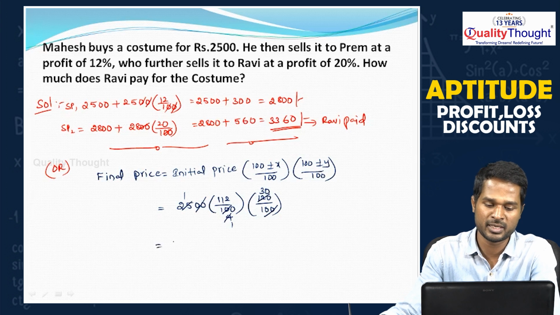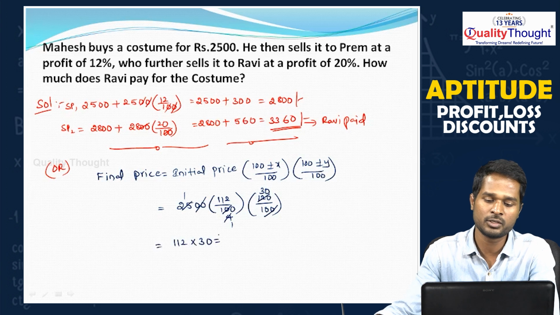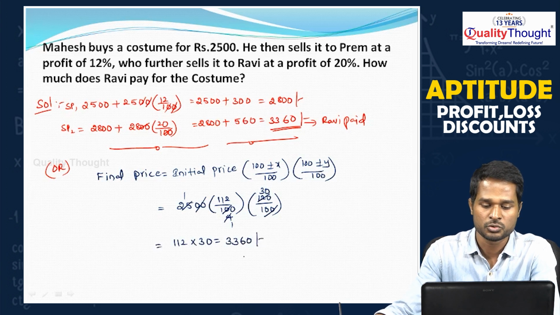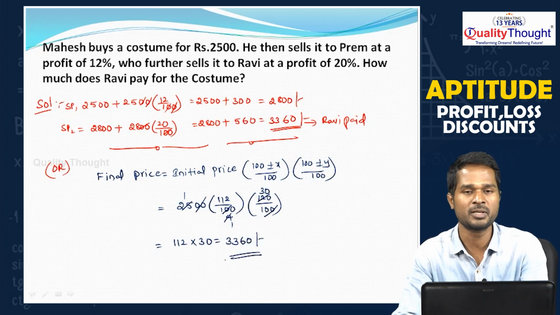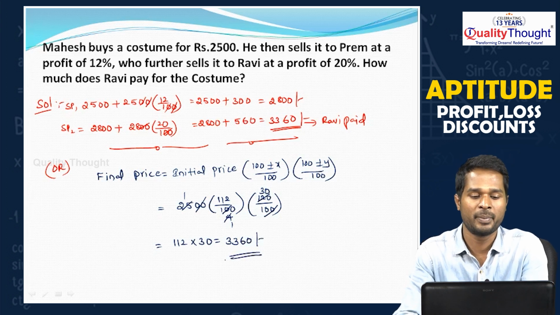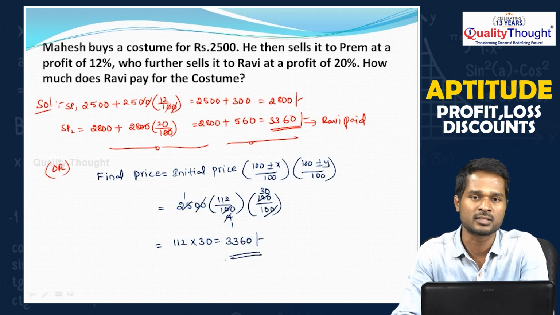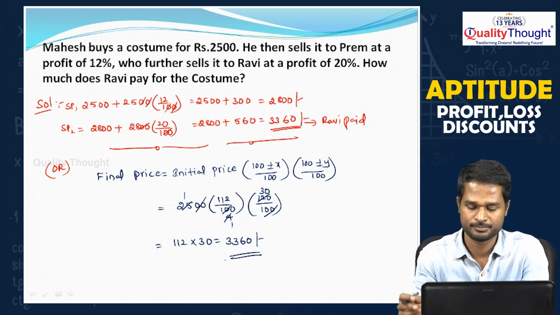Now, I will write the remaining thing once again, 112 into 30. So, 112 into 3 is 336, add that 0. So, the final price, that means what Ravi paid, is 3360 rupees. So, these are the methods, we can use any method we want.